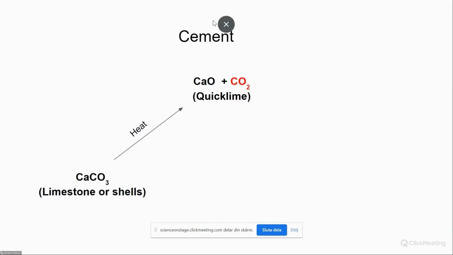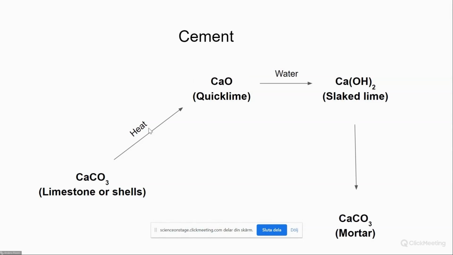Also, some heat is released when you heat this. And then you add water to it, you get slaked lime, or essentially calcium hydroxide. And then this will harden into mortar. This is not concrete, because for concrete you need other stuff.